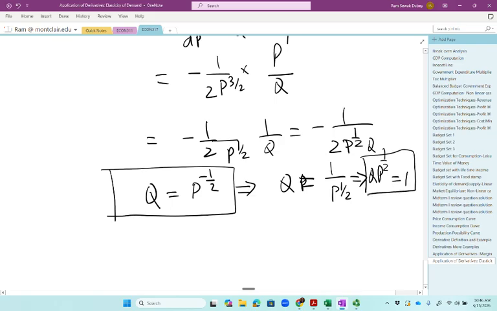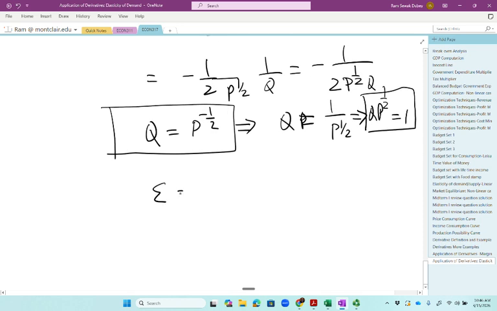This is what I will use while computing the elasticity. So minus 1 over 2 P to the power 1 half times Q turns out to be minus 1 half times Q multiplied by P to the power half, which is 1. So 1 half times 1 turns out to be negative 1 half.